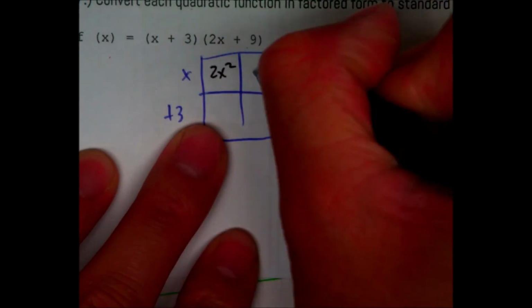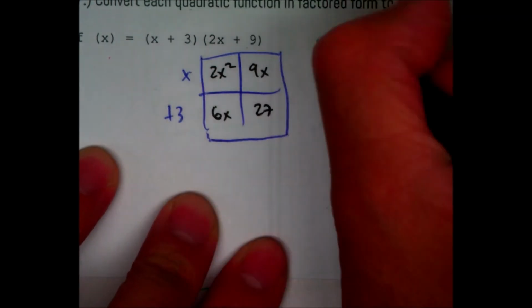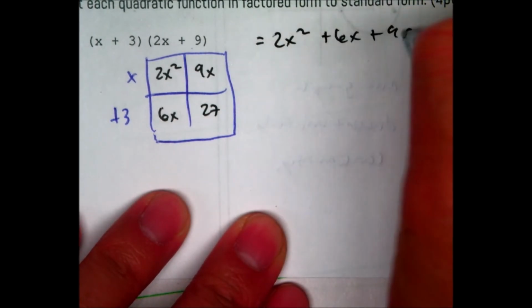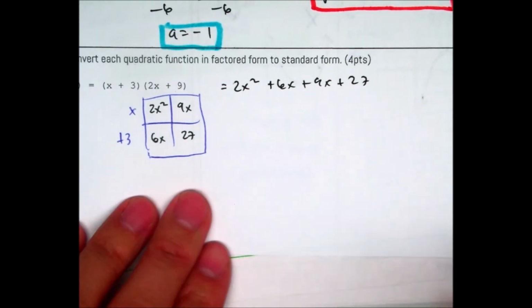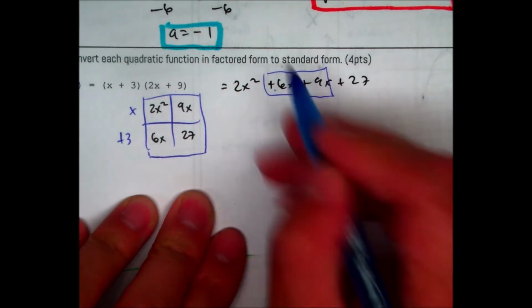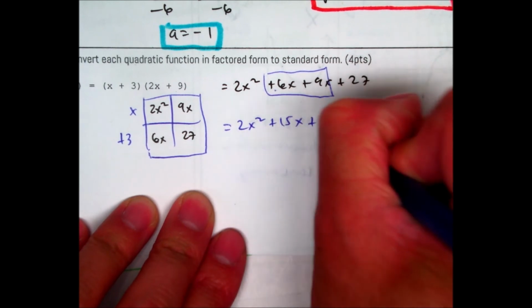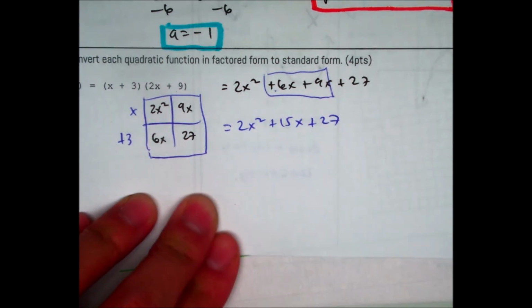So x times 2x is 2x squared, x times 9 is 9x, 2x times 3 is 6x, and 3 times 9 is 27. So basically I get 2x squared plus 6x plus 9x plus 27. And then what I'm going to do there is just combine like terms, add the coefficients, the numbers in front, so I get 2x squared plus 15x plus 27. And this is our answer.